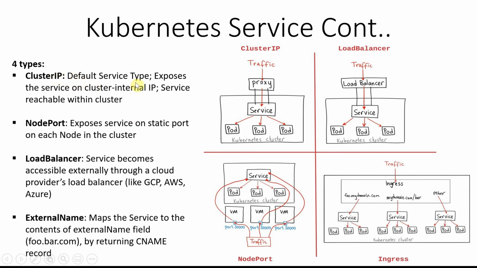We are exposing the service on the cluster's internal IP, and the service is reachable within this cluster. That is the keyword. The traffic is allowed as long as it is within this cluster, not outside the cluster. Again, not very commonly used, but just to test something, it will be used.